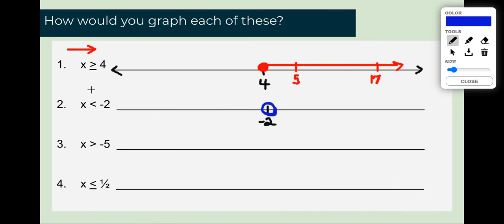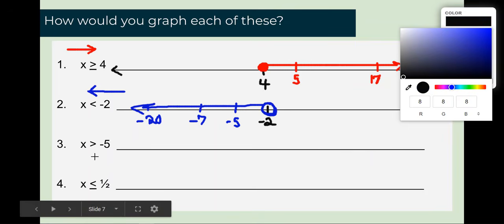If I turn this symbol into an arrow, you can tell it looks like an L, and the tip of the arrow is pointing down, so our arrow for the graph goes down. Less than negative 2 would include numbers like negative 5, negative 7, or negative 20. All of those are less than negative 2.